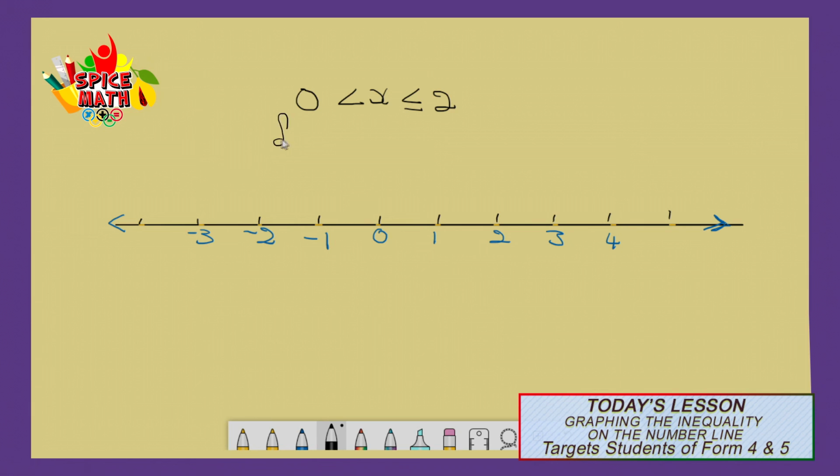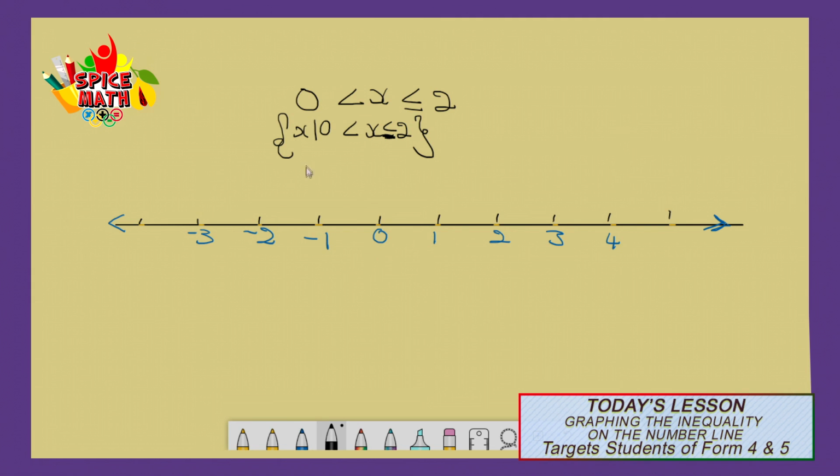We see the set x is such that x lies between 2 and 0 with 2 inclusive, meaning x is also equal to 2.